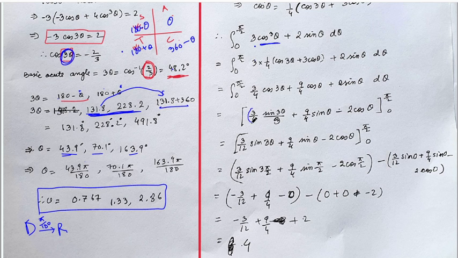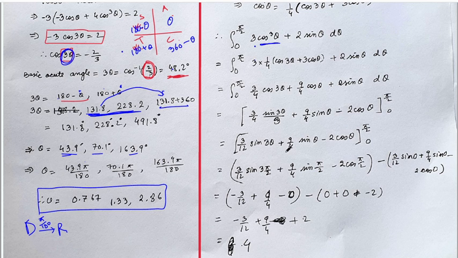Next, 3 by 4, we have 3, so 3 4s are 12, or you can just cancel it out and use 1 by 4. When I solved this I used 3 by 12, but you can cancel it out. So 3 by 12 sine 3 theta, and these two are the same thing.